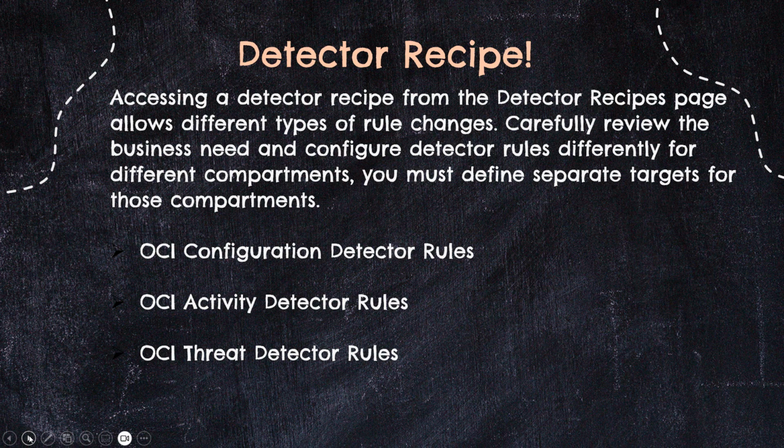One is for any configuration defect, where the configuration detector rule will identify it. Another is for malicious activity, where the OCI activity detector rules will identify and notify us. And the threat detector is similarly a recipe to find any threat in the target, and it's going to notify us.